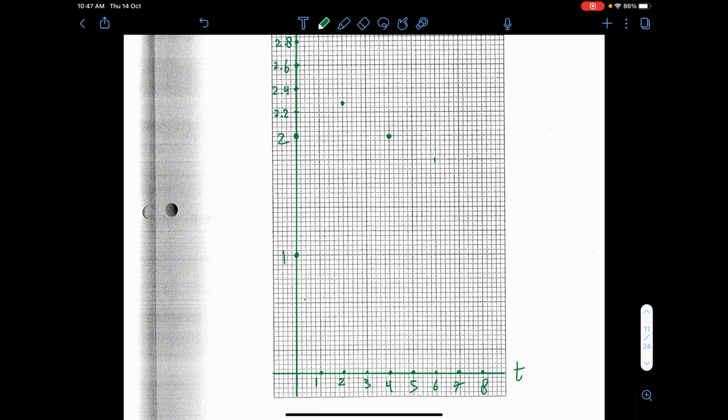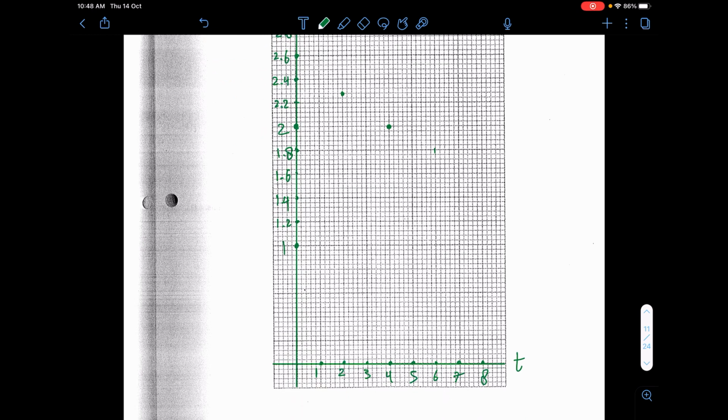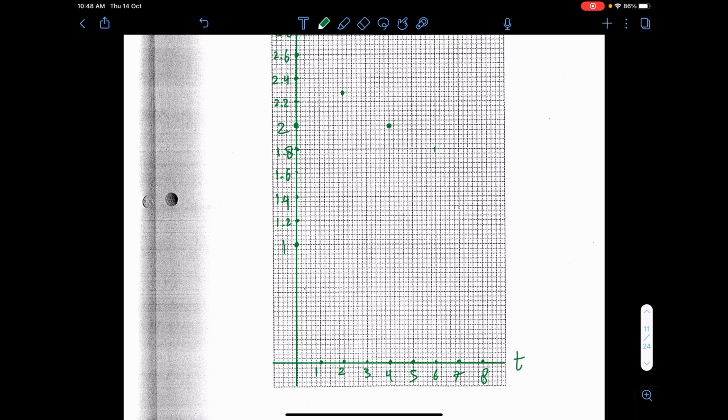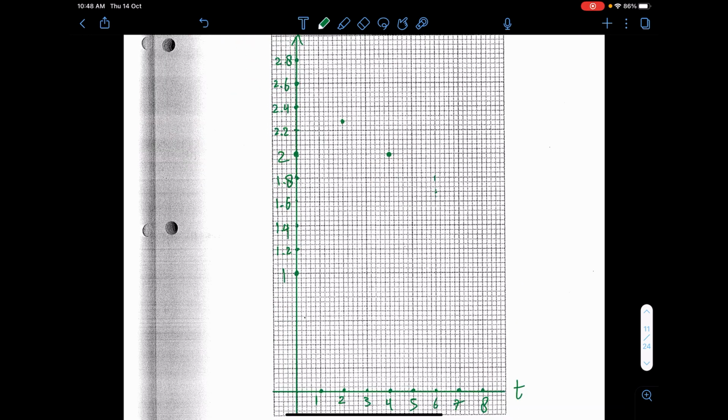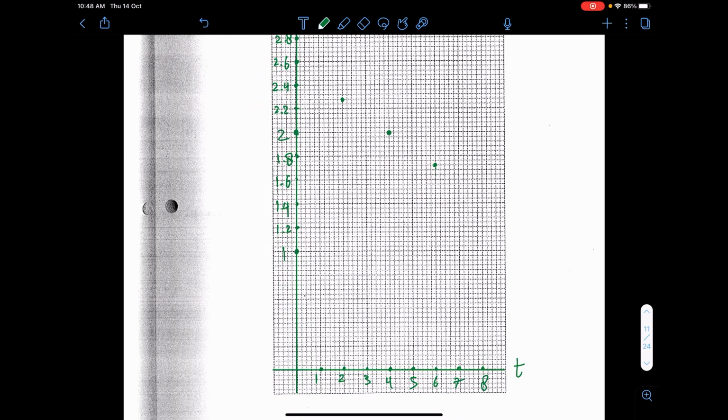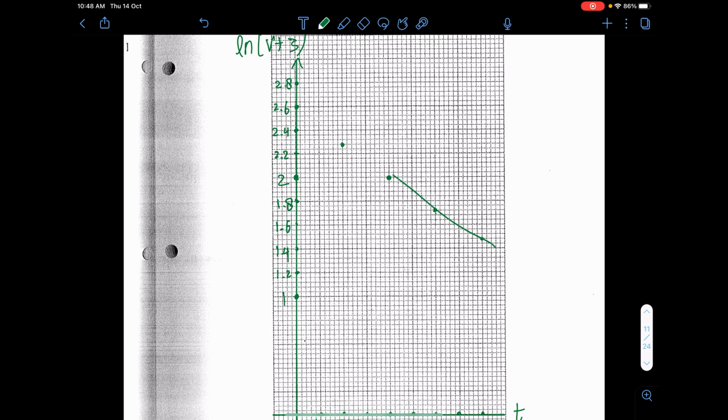I need to put 1.2, 1.4, 1.6, and 1.8. I say 1.76, somewhere around here. And then last is 8, 1.48, which is around here. So this will be a nice straight line.